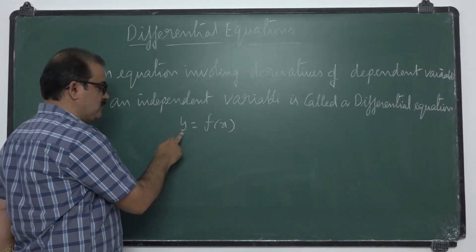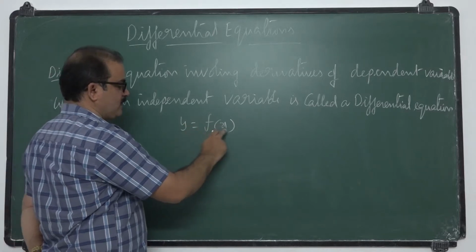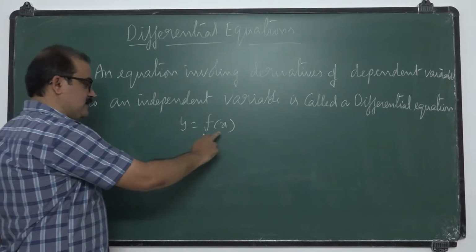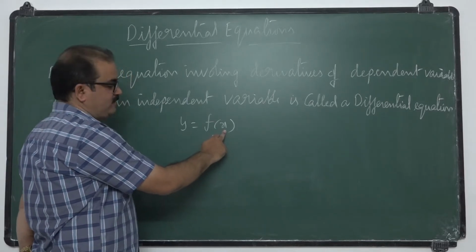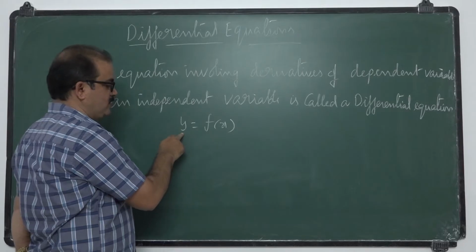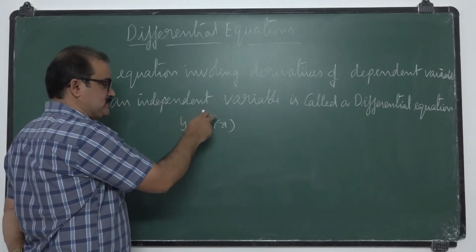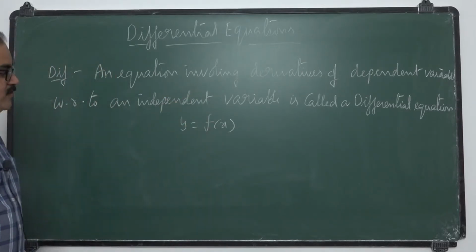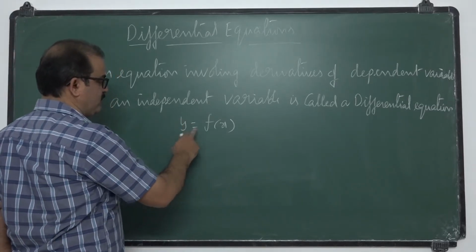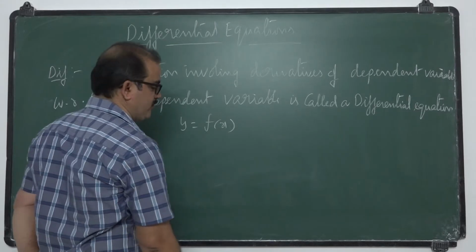So, y is called the dependent variable and x is called the independent variable. Here, x has freedom to take any value, but y has no freedom. The value of y must depend upon the value of x.